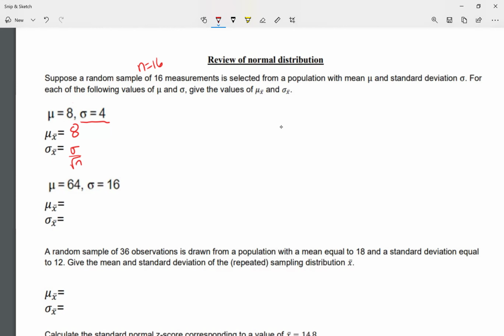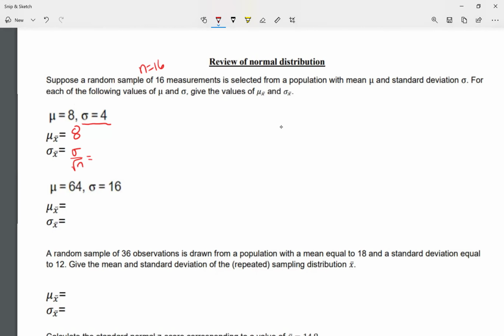So in this case, for the standard deviation of my sample, I'm going to go 4 divided by, remember the 4 because that's the standard deviation of the population. I'm going to go 4 divided by the square root of 16. Remember, 16 is how big my sample is.